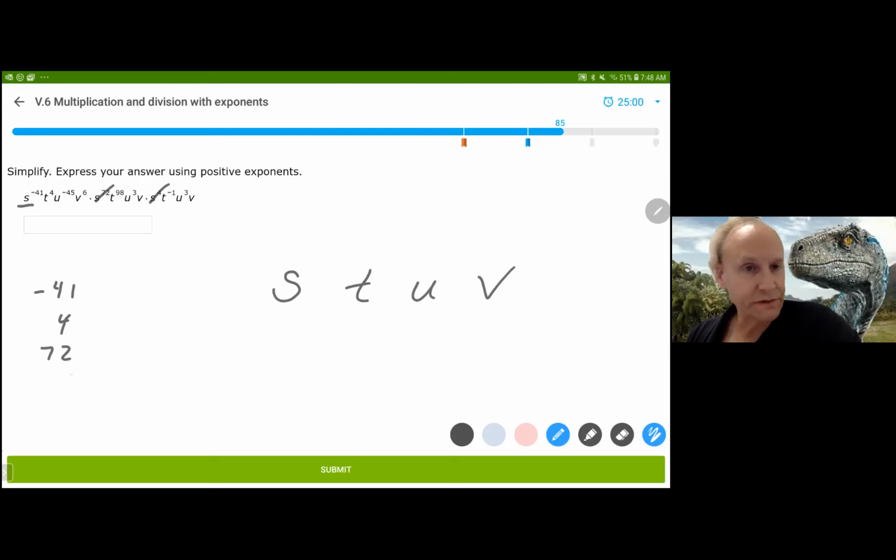When I add those together, I have 76 and negative 41, which is 35, I believe. That is 76. That is 35. Yeah. Now I'm going to do the T's. I've got a 4, a 98, which of course is 102, and a negative 1, which is 101.